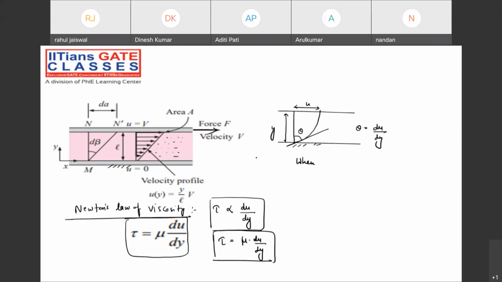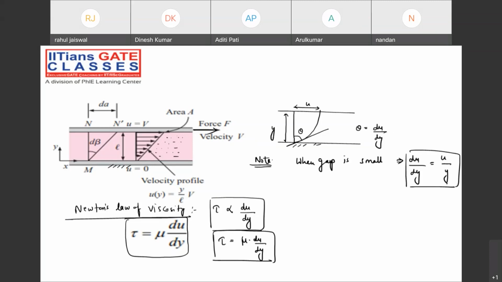Note down one point. When the gap is small, then we can assume du by dy as u by y.